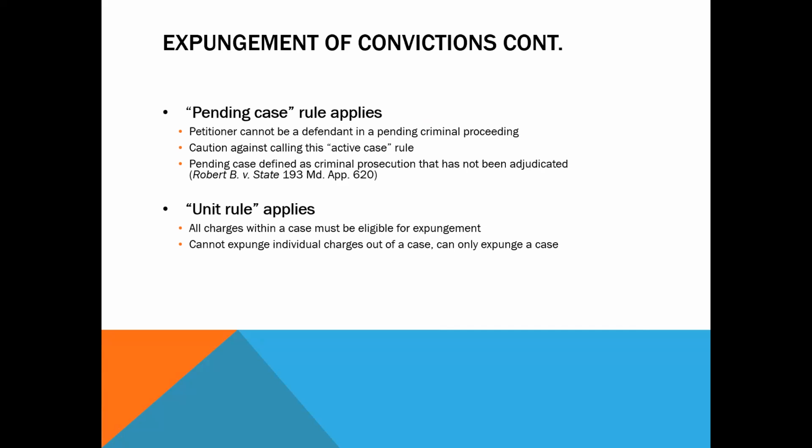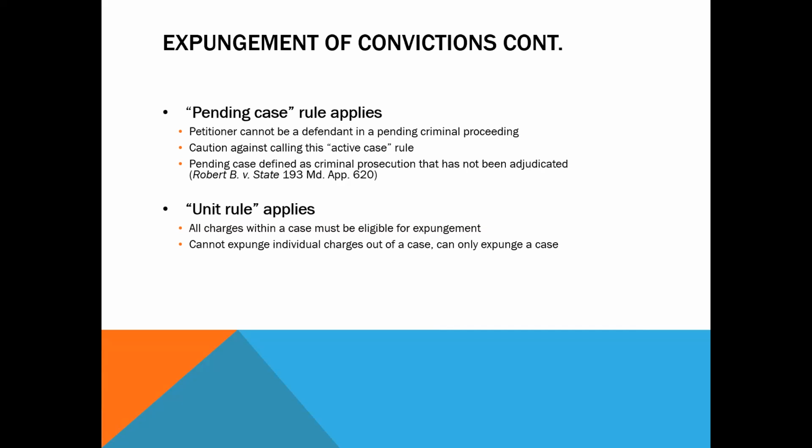And I like to caution people that this is often called an active case rule, but I think that's a misnomer. An active case could mean a number of things. It's often just a clerical designation, maybe if the person has outstanding court costs owed. Someone could be on probation, and sometimes certain courts or clerks might mark the case as active in case search.